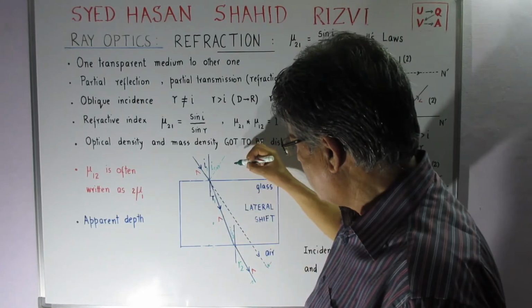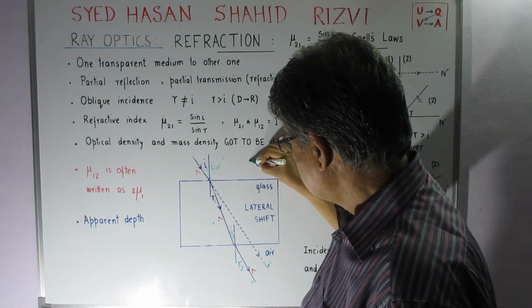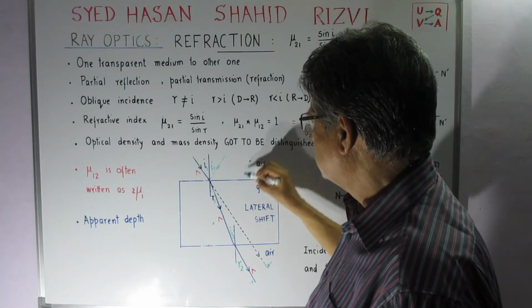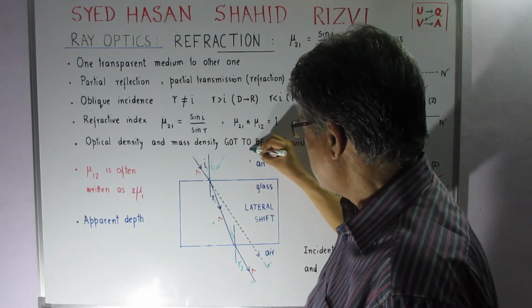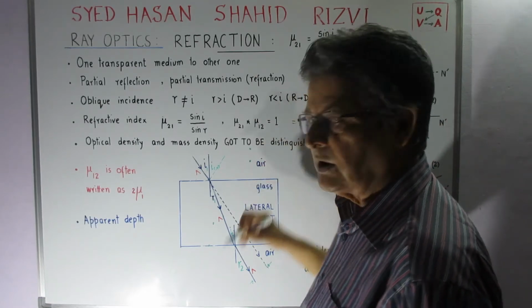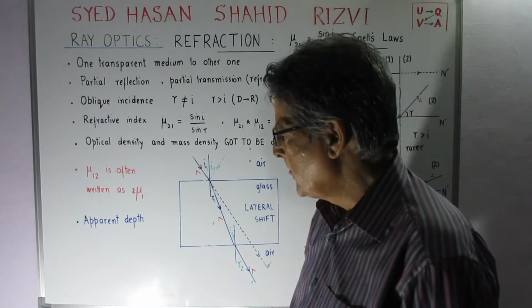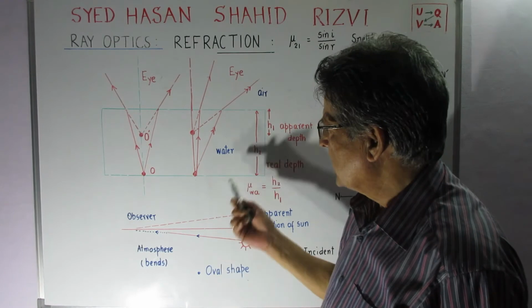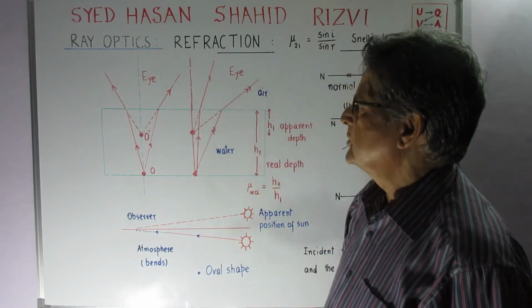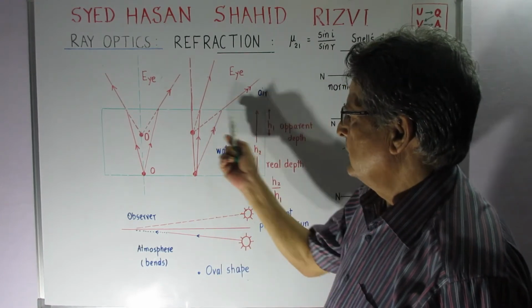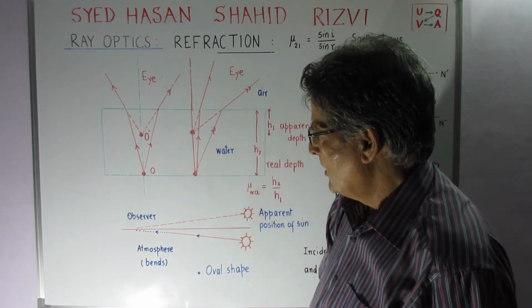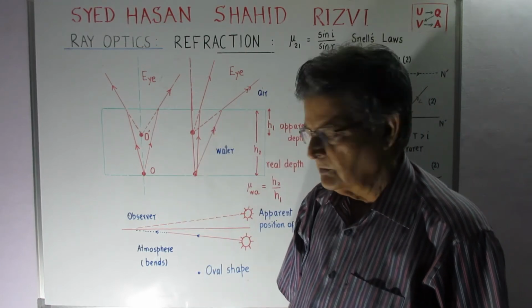So if there is an object over here, for example, and there is a face or anything with which you can see, then the depth will appear to be increased. Okay, so this thing we take next. So let us extend that as an application to the case where we have a water tank and there is some object which is lying at the bottom.